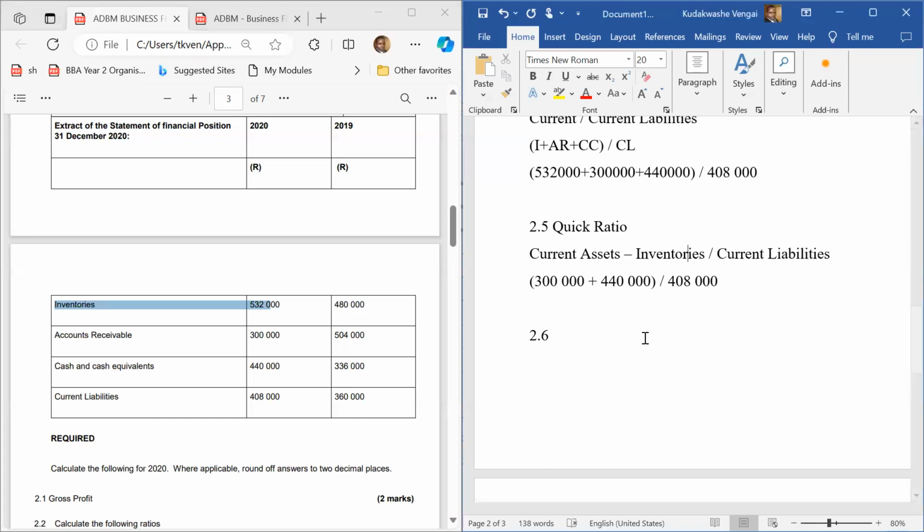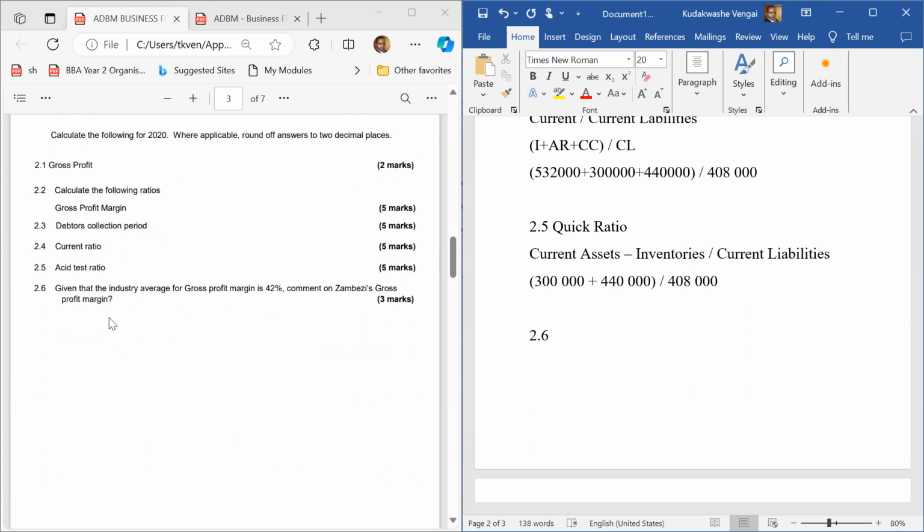So if I say current assets less inventories, which figures are we including? It's all those figures we just mentioned minus the 532. Yes. So that's why you don't see 532 here. I've subtracted it already. Okay.